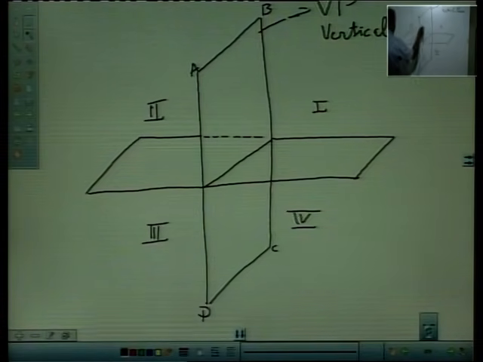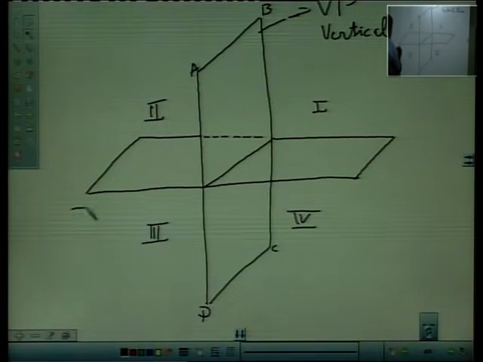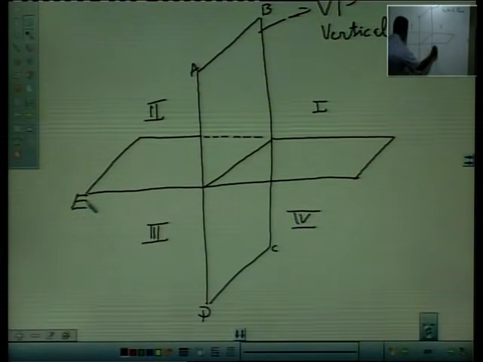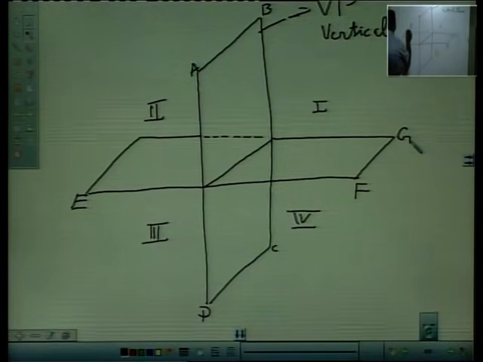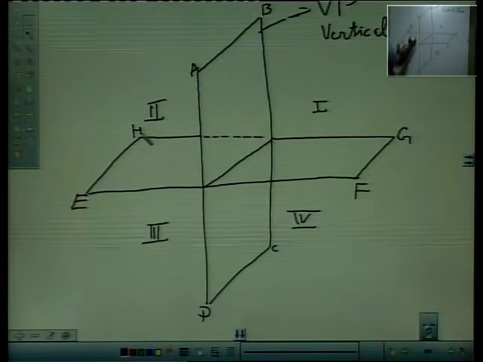And this, say EFGH, represents the horizontal plane.